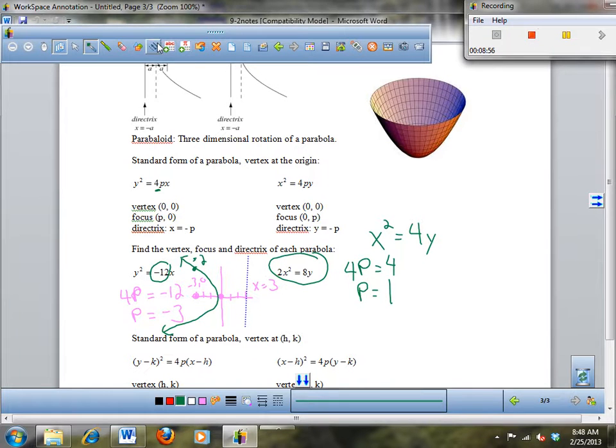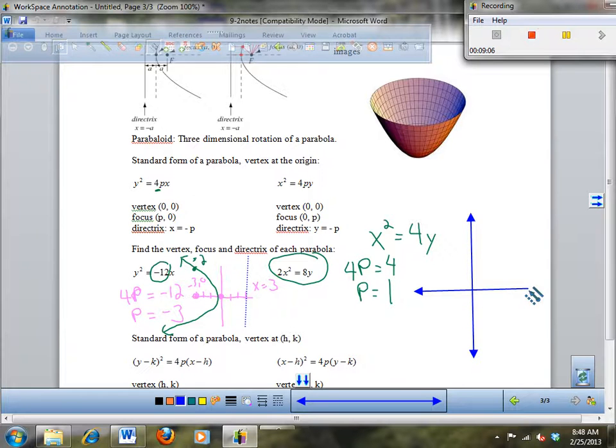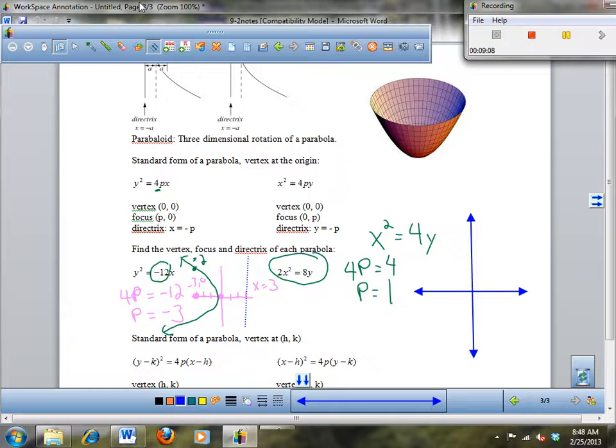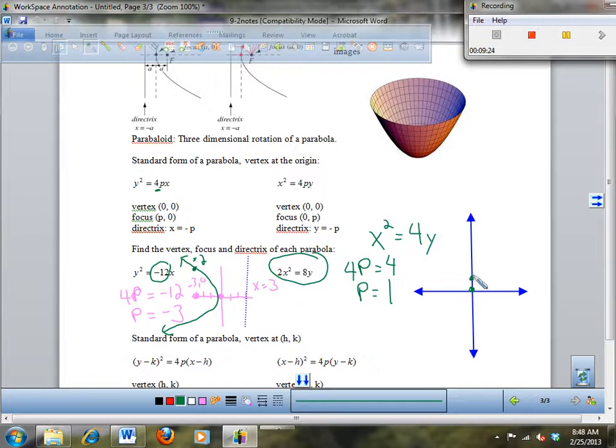So if I were going to draw an xy axis, I know this parabola goes through 0, 0. The vertex is at 0, 0. The focus is at (0, p), so the focus is over here at 0, 1.